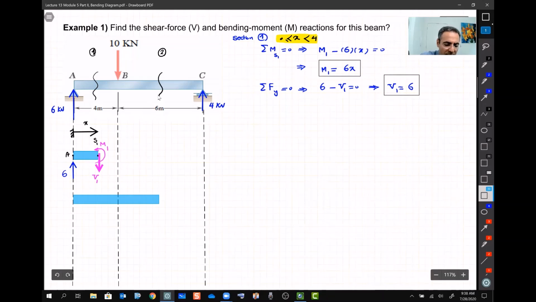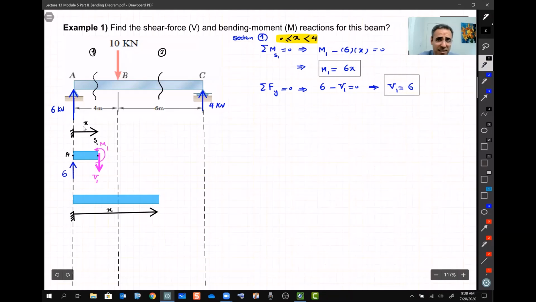And again, remember this distance is x, somewhere in the middle, not exactly middle, somewhere there. So in other words, this distance is x. Okay, that's the same x as before.